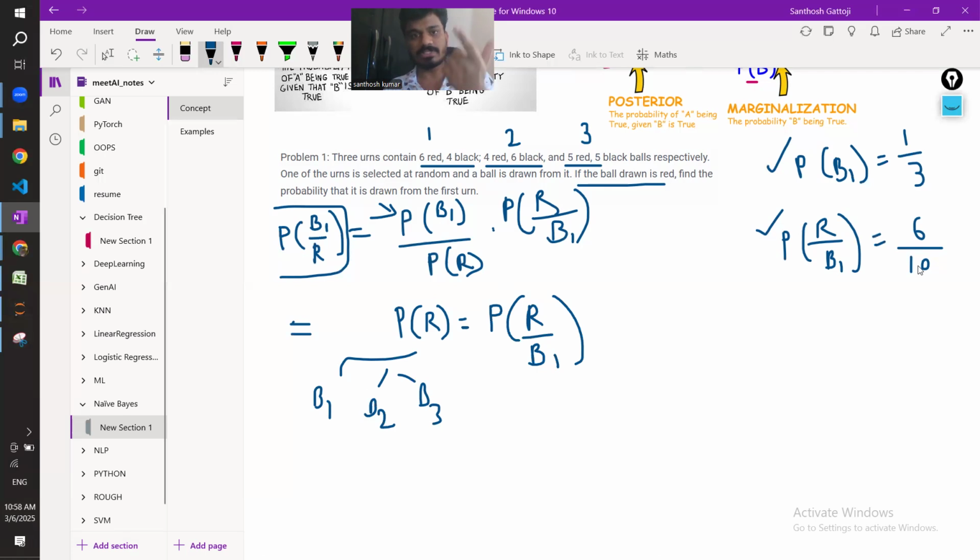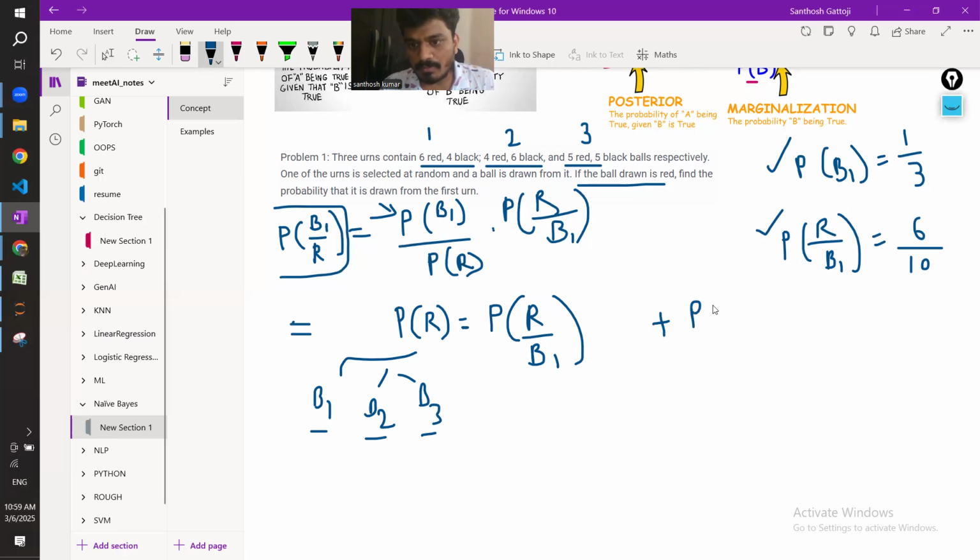That is 6 by 10. If you tell me second, then it is something else; third, that is something else. But I'm not talking about that. I'm just talking about the overall probability of red. That means I should consider every box. So now probability of B1, B2, B3. That means probability of getting red given it is B1.